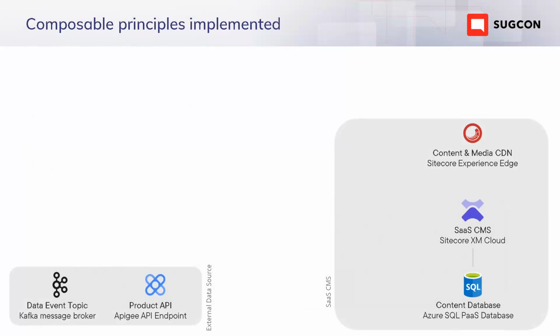And I have these gray areas of software that is not governed by me. On the left side, we have the API from our customer, which is actually a Kafka instance, a messaging broker, which I can subscribe to certain topics to retrieve updates of products. And I have a product API that I can request product data from.